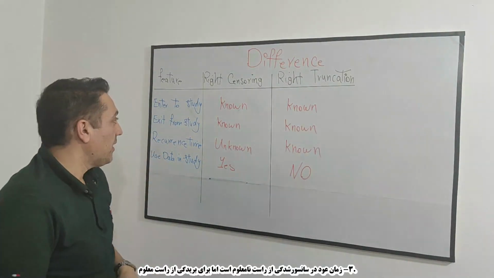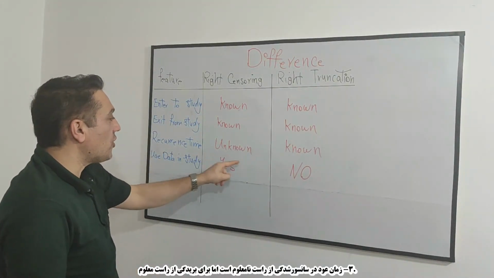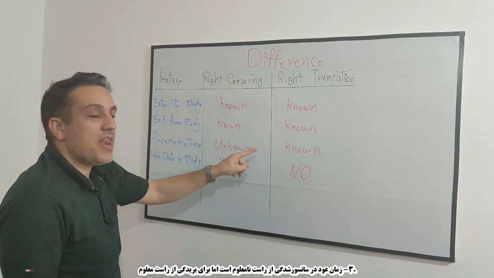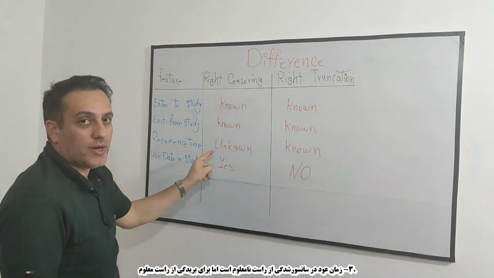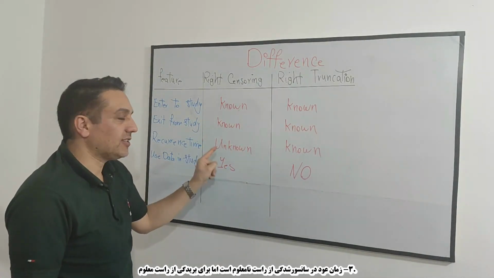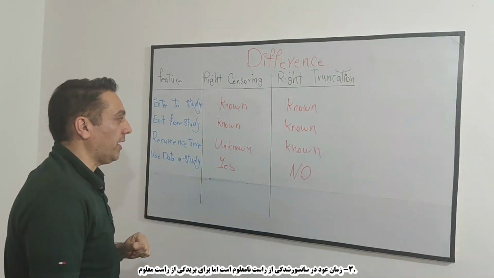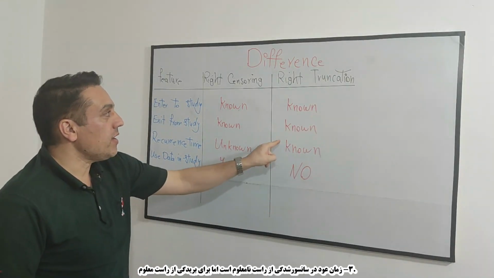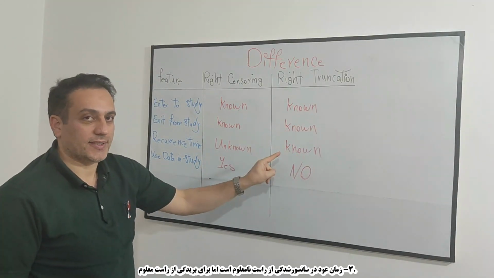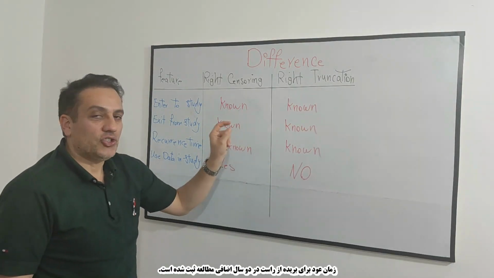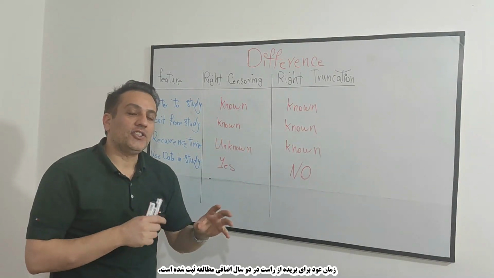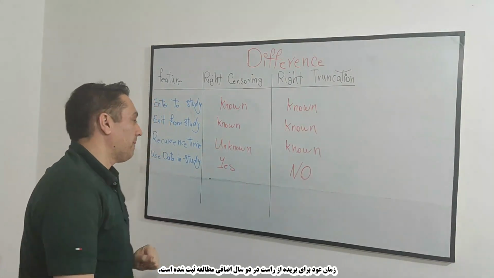Recurrence time in right censoring is unknown. We don't know the exact recurrence time in right censoring, but we know it in right truncation, and it is recorded after the end of the study.